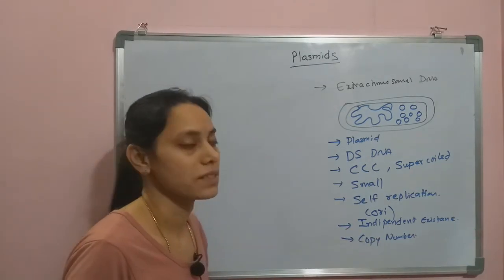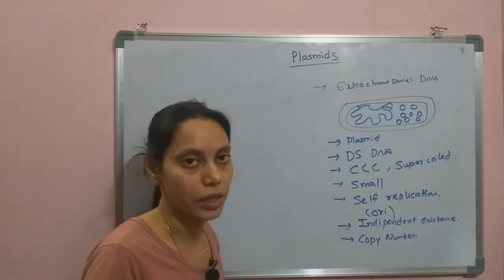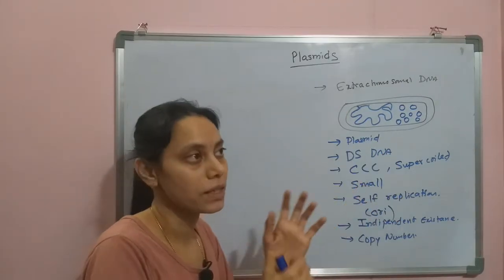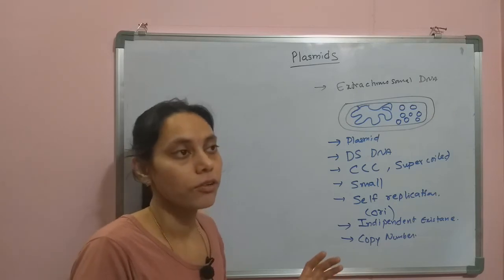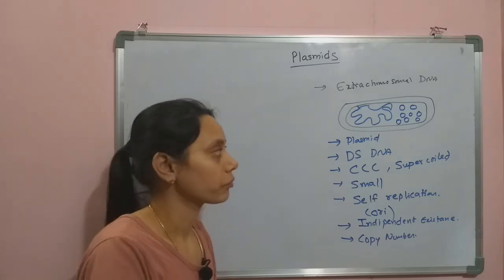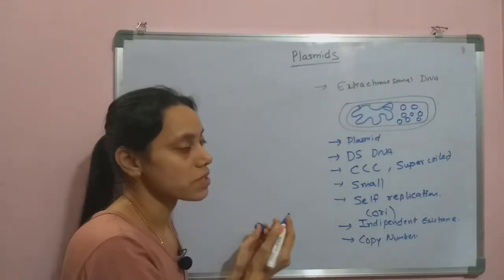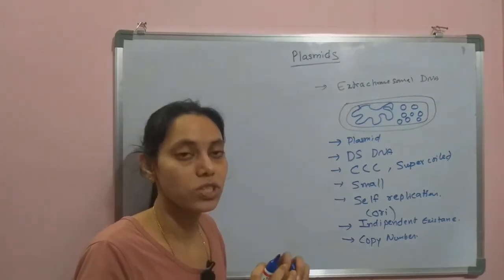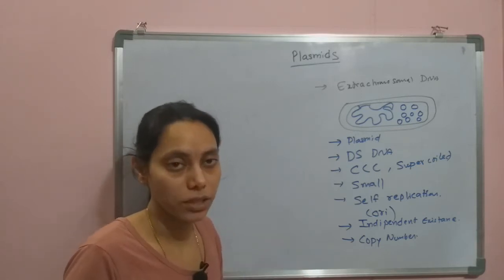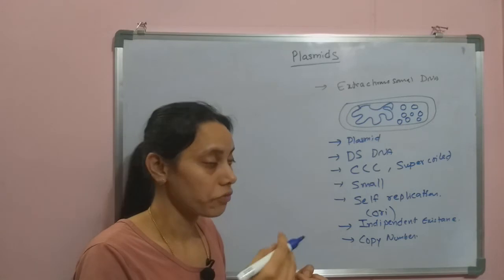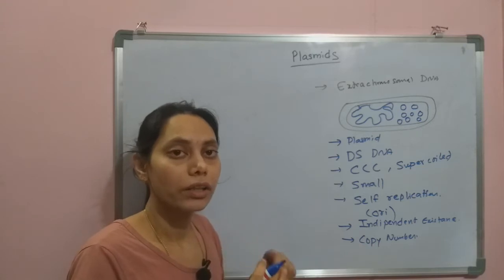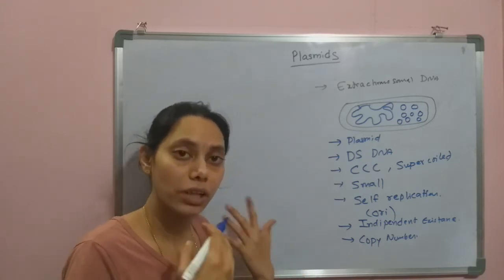Coming to the importance of their existence, why do we need extrachromosomal DNA apart from the main set of genes? The main chromosome has all the genes for housekeeping activities, that means survival in normal conditions. But plasmids have genes which are selective or essential for the survivability of the bacteria in adverse conditions, be it environmental stress, antibiotic stress, or heavy competition.